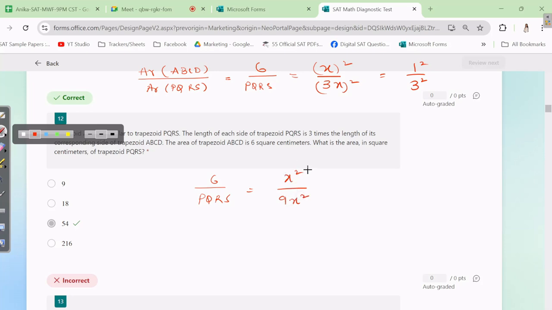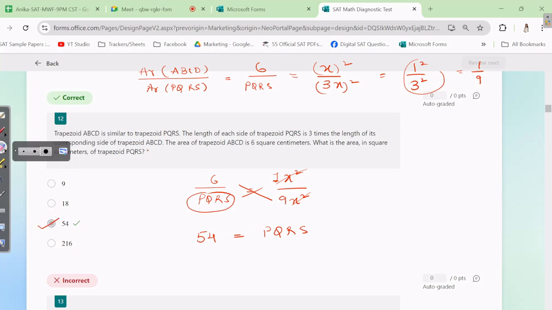So x square and x square get cancelled, and you have 1 over 9. Now can you find out the value of the area of PQRS? So you cross multiply. 6 times 9, 54. That's the area of PQRS. Okay, so 54 is correct.